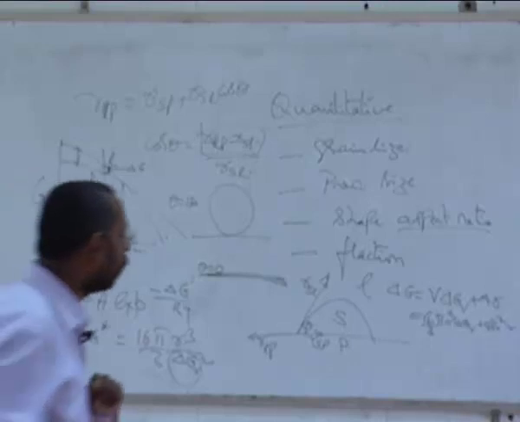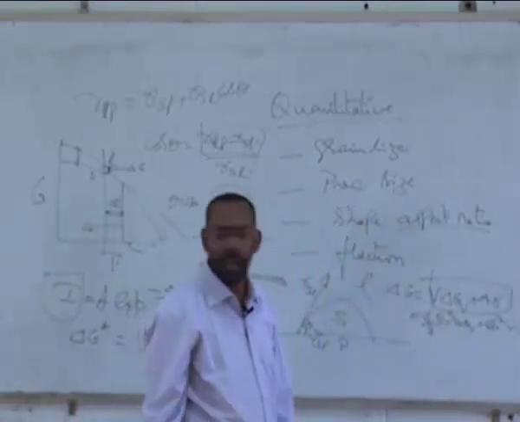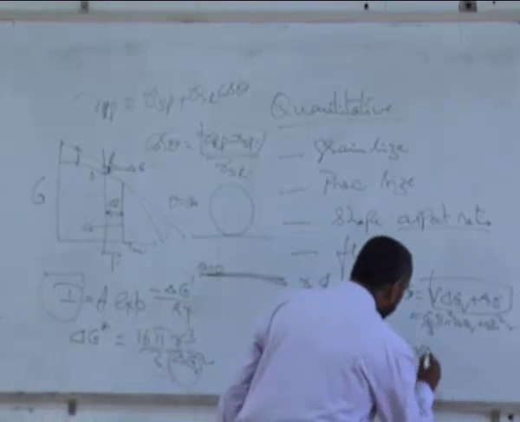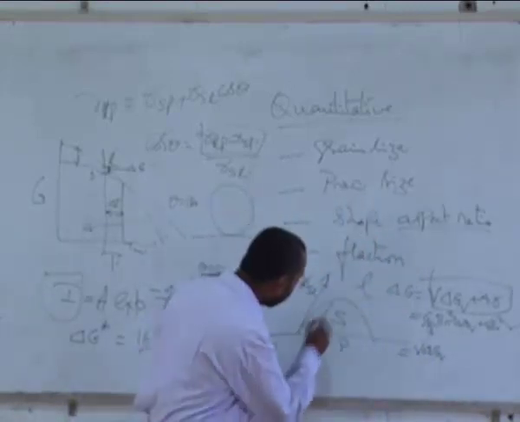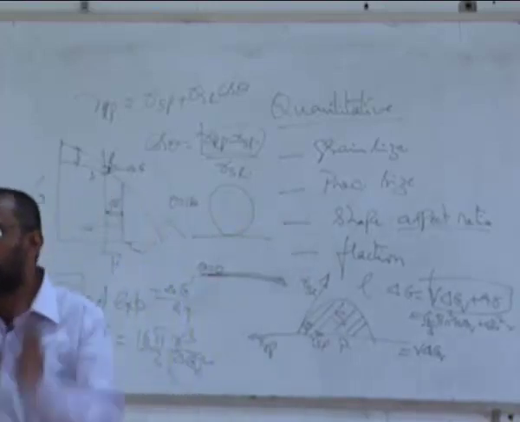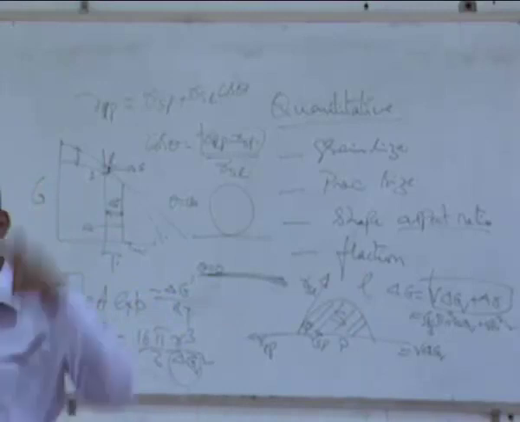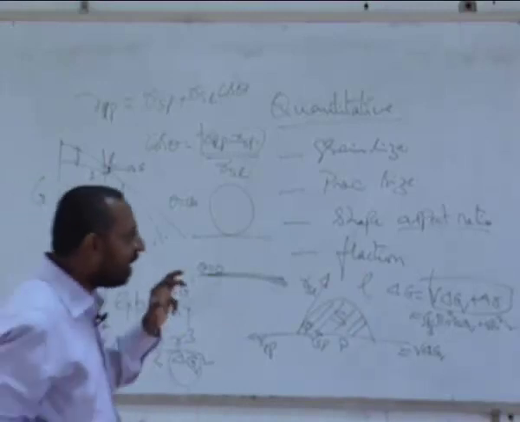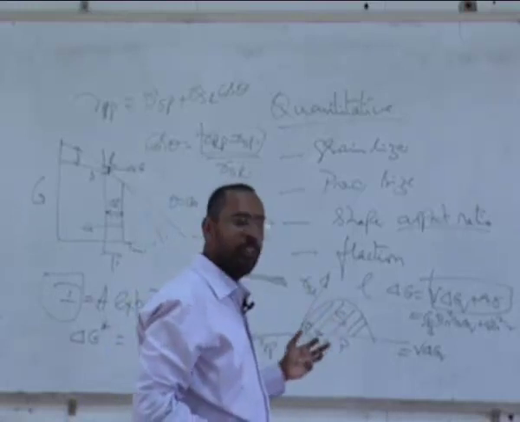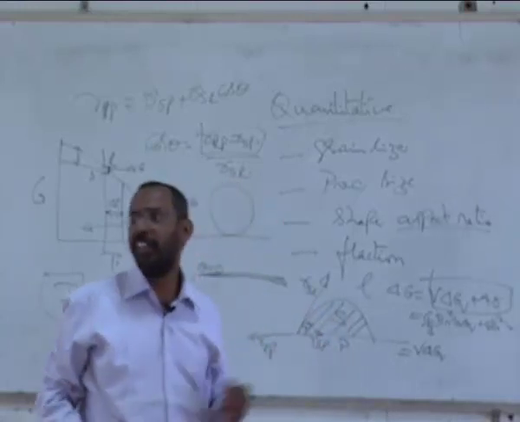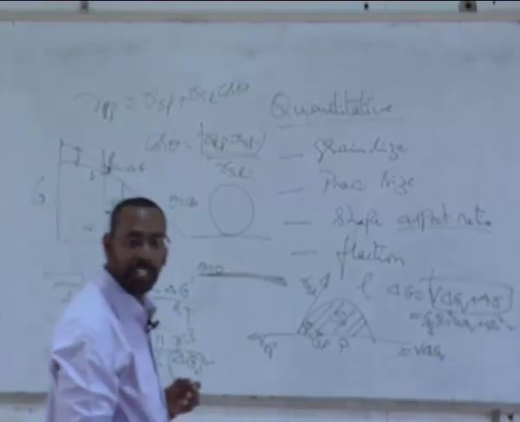The moment I say heterogeneous nucleation, I have to modify this as V into delta GV, where V is what? V of this. What is the solid that is nucleating? It is not a sphere anymore. It is only a hemispherical cap. The volume of that. And when I say A, here you have a surface area which is being created. So what is the surface area that is being created?